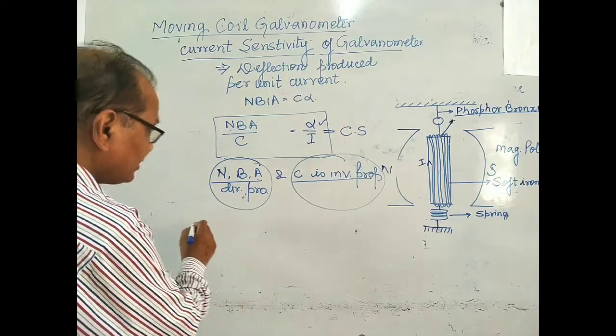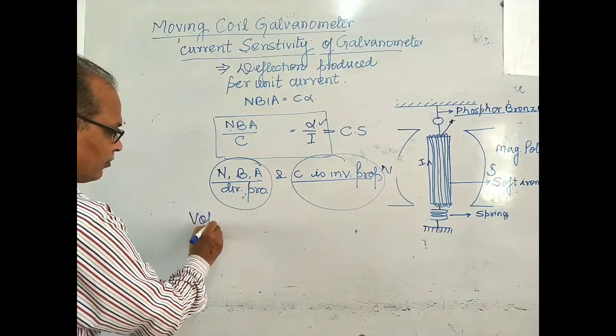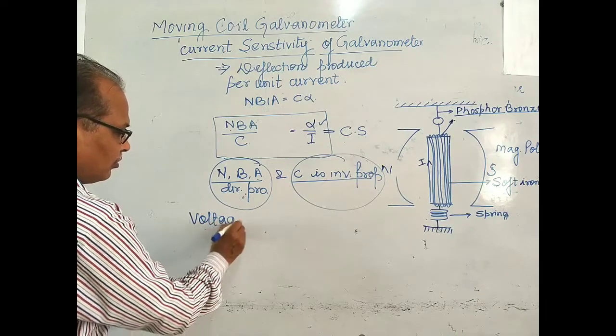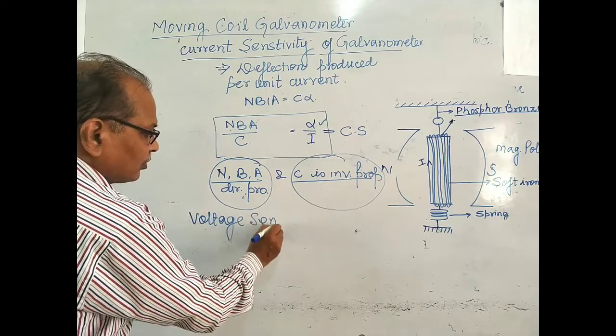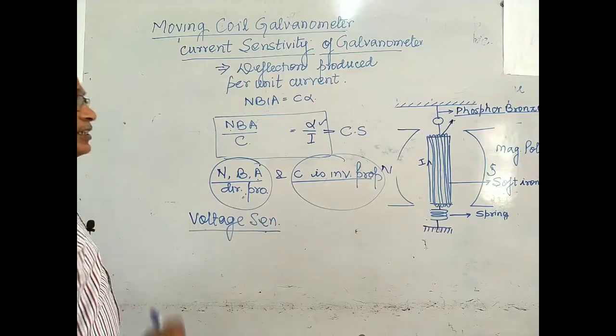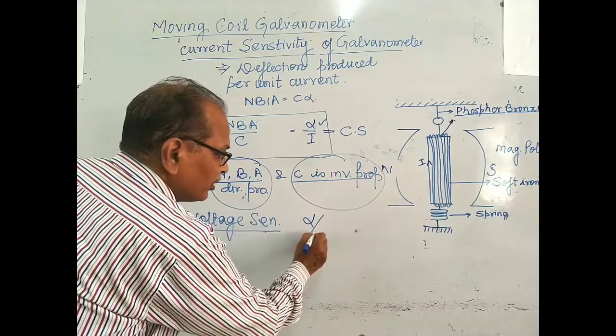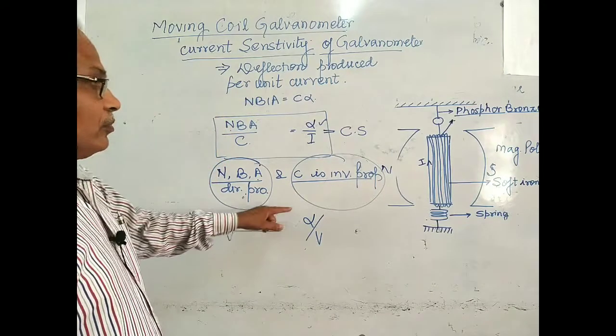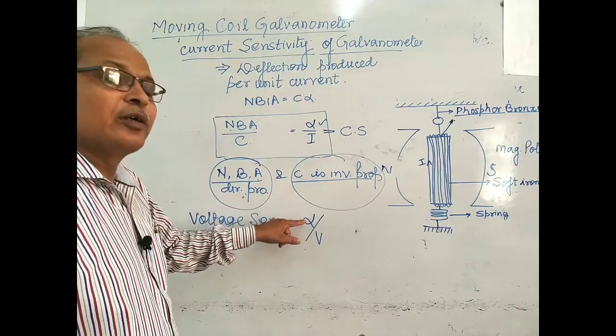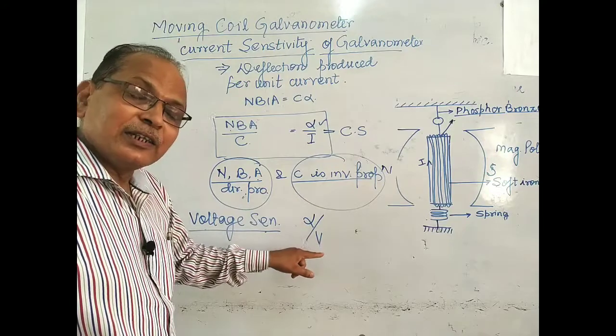Now, second thing, voltage sensitivity. What is the meaning of voltage sensitivity? It is alpha upon V, the deflection produced per unit applied potential.